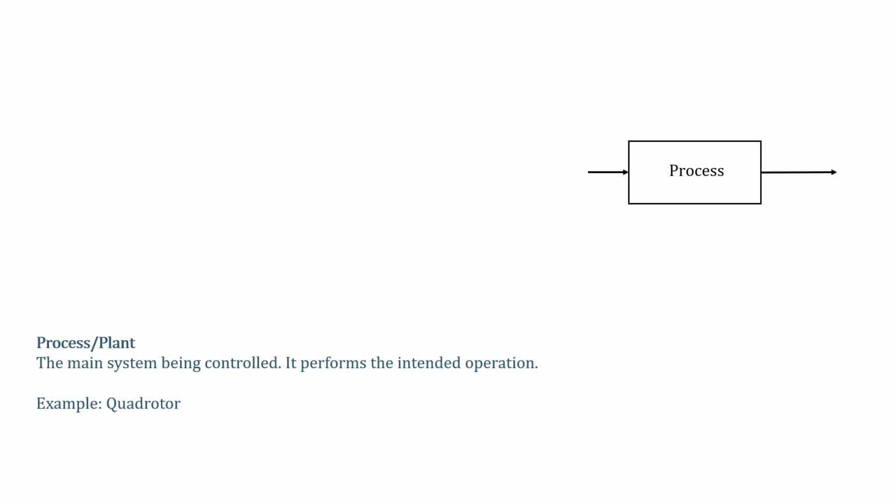So let's get started. The first thing a control system has is what is called a process or a plant. So this is the actual system that you are trying to control. When I say you are trying to control, it means you want the output to be exactly what you wish. You want the system to behave exactly as you wish.